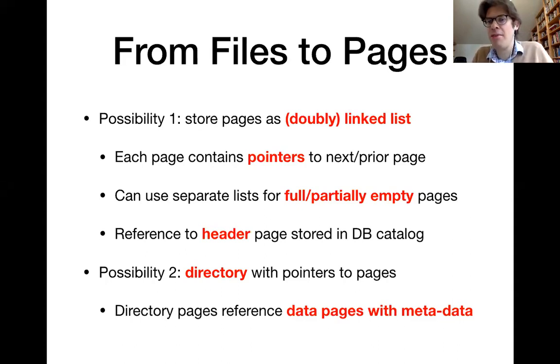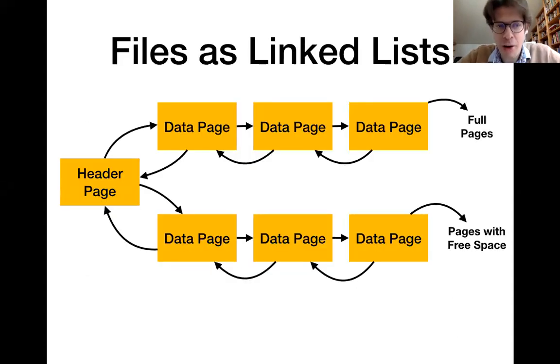So the first possibility was that we store a linked list of pages. And this is how that would look. So we have a so-called header page, which is the starting page if I want to retrieve data from the table.